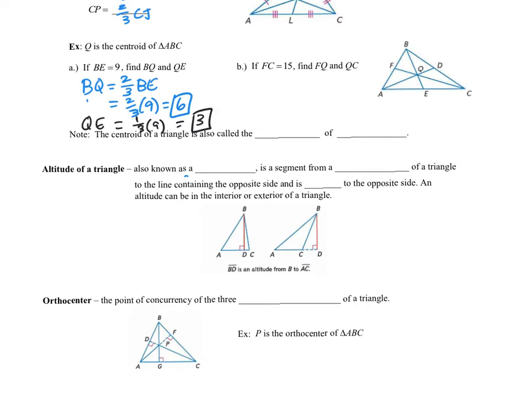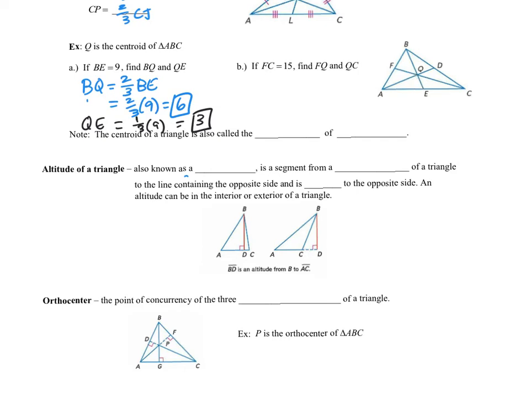In this next example, it says if FC is 15, so if this entire median measures 15, find FQ, the distance from F. Now remember, FC is a median, so the distance from the vertex to the centroid is 2/3 of the entire median. So that means the distance from F to the centroid is 1/3 of the median.